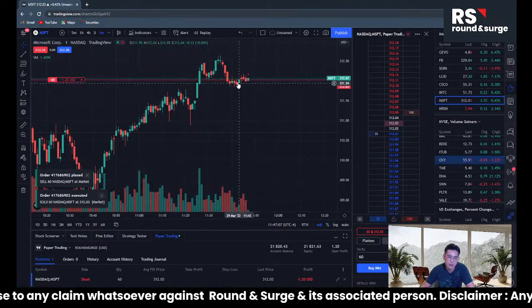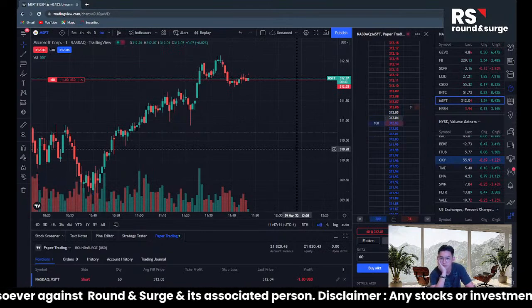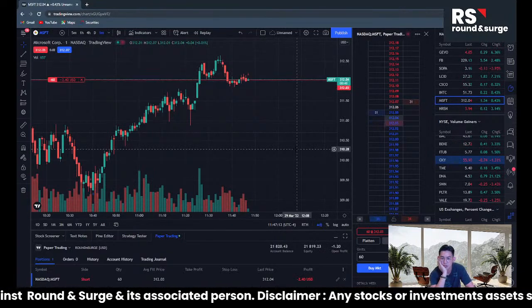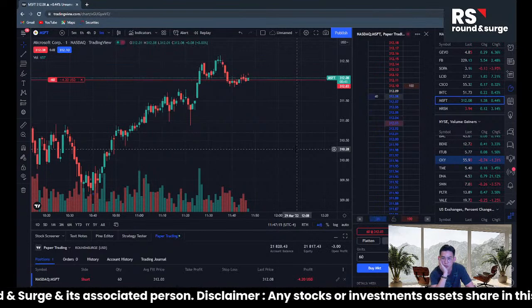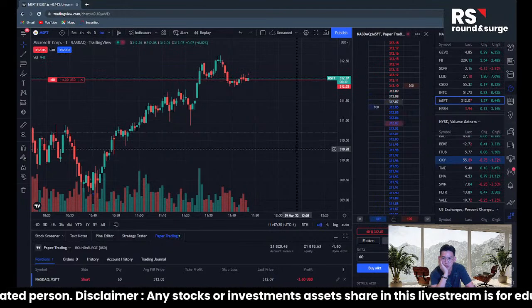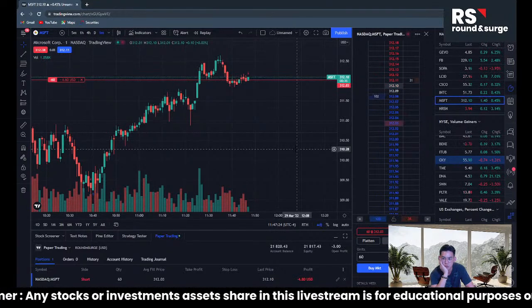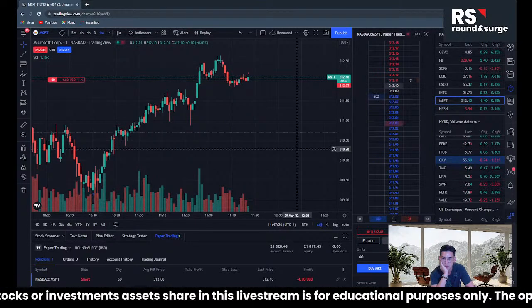But the rebound here is not much. Let's see this candle, this minute, whether the price will close at my cut loss or not. If it closes at my cut loss, then I'll just exit.